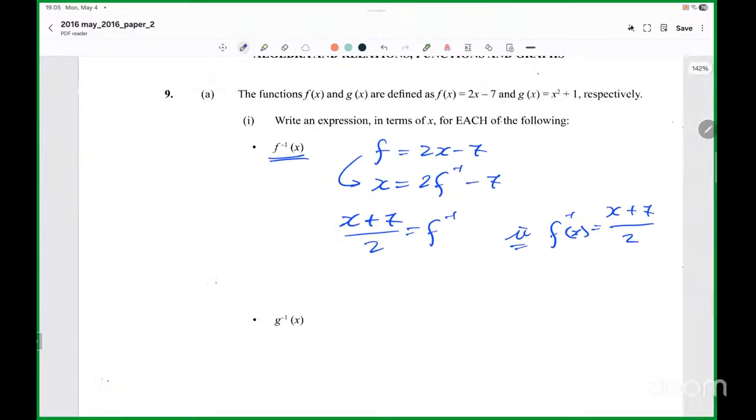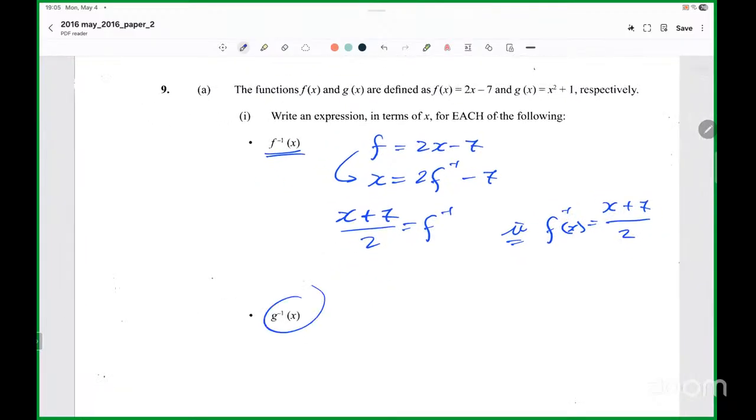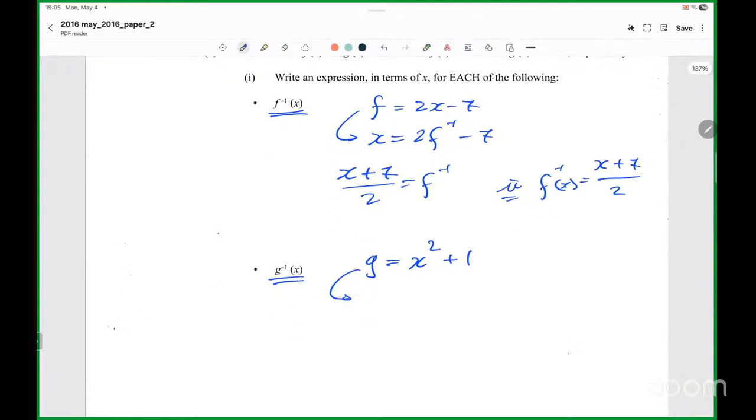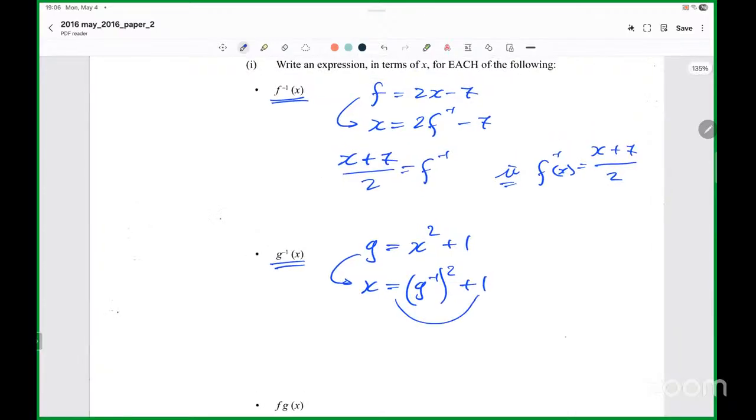Done. Then I want g to the minus 1 next. G to the minus 1. So I'm going to say that g equals x squared plus 1. Inverse that, the g becomes x. The x becomes g to the minus 1, but it is squared plus 1. I'm going to take the positive square root. Bring over the 1, we're going to get x minus 1 equals g to the minus 1 squared.